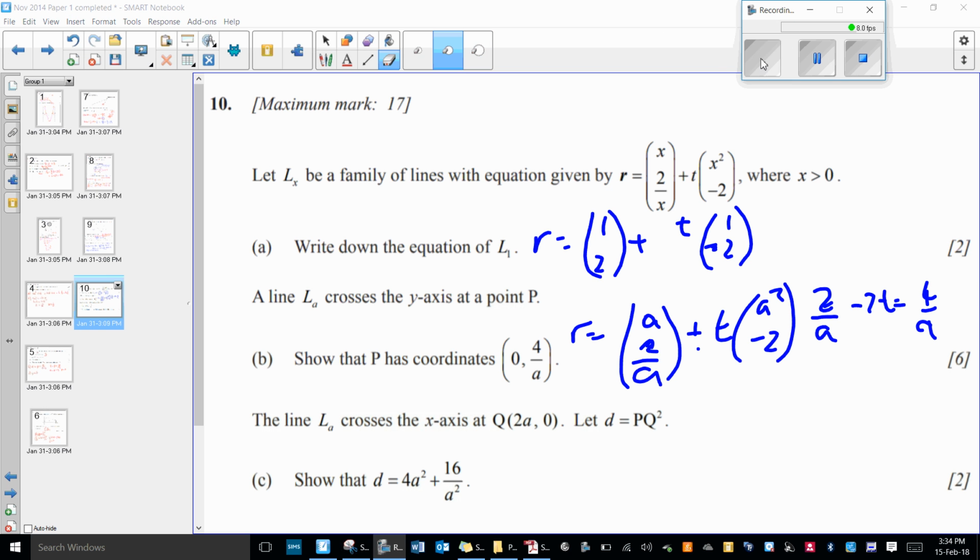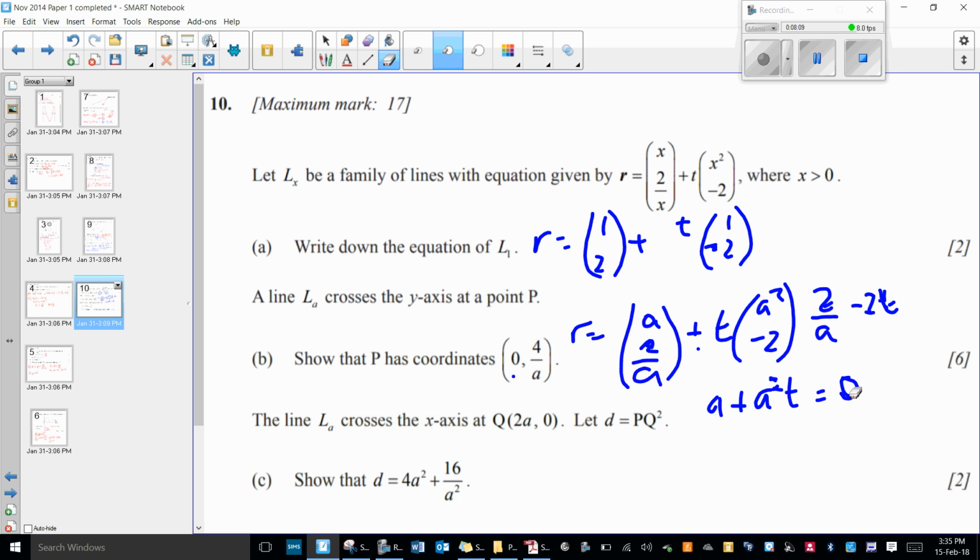So we've got 2 over a minus 2t, but now we need to find the value of t. We know that the x-coordinate is 0, so a plus a squared times t equals 0. So a equals negative a squared t.